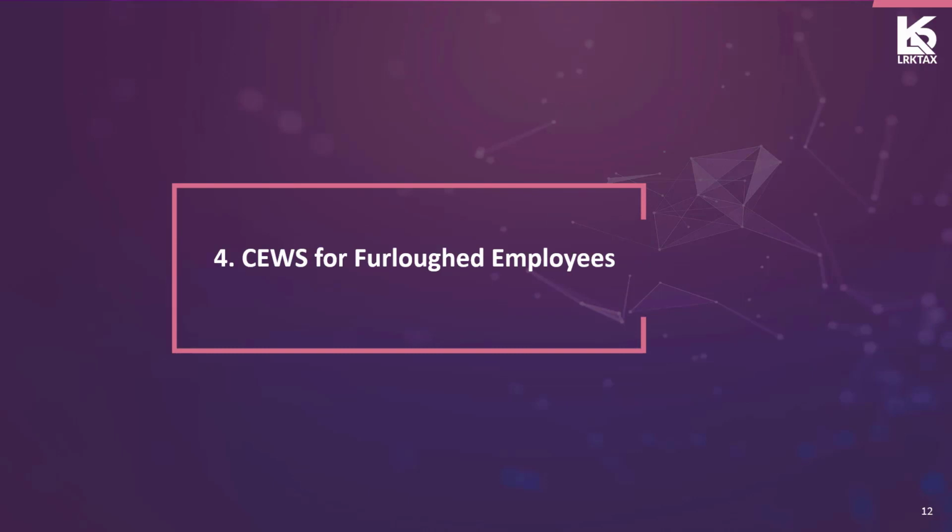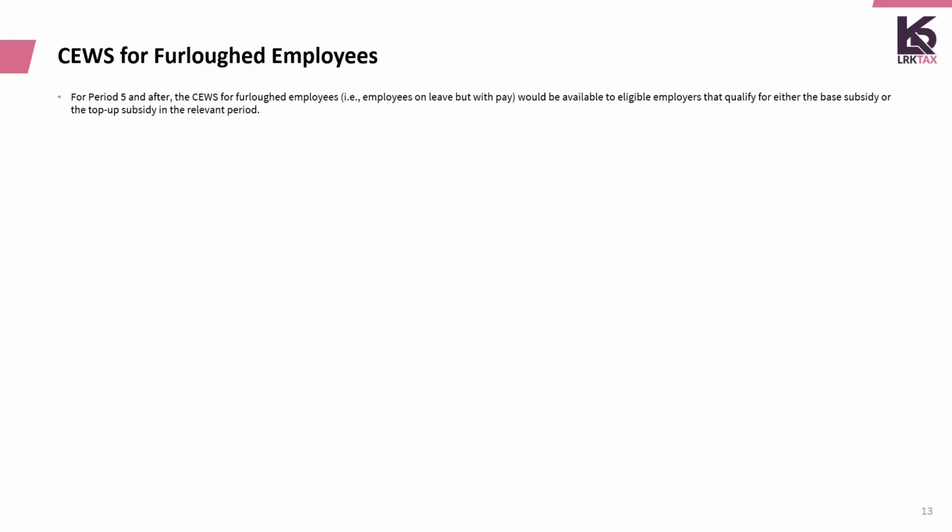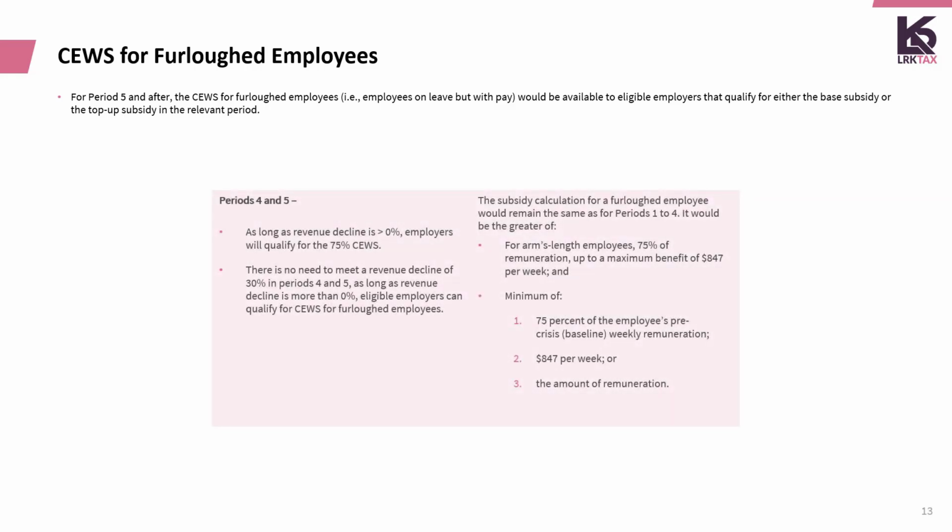Number 4, CEWS for furloughed employees. For periods 5 and after, the CEWS for furloughed employees, those who are still employed but on leave with pay, would be eligible for this new CEWS program where you get the base subsidy and the top-up subsidy.